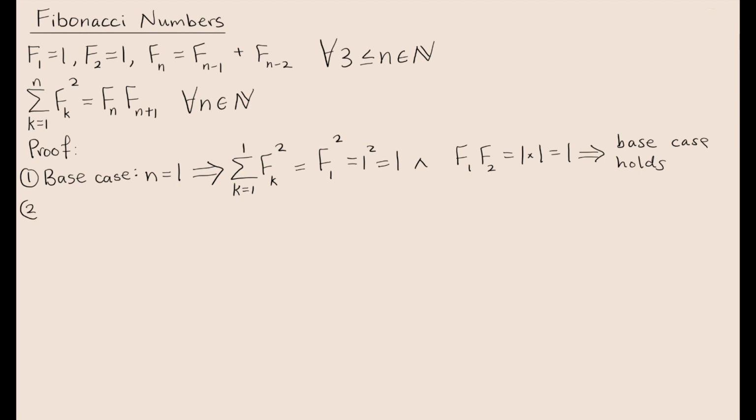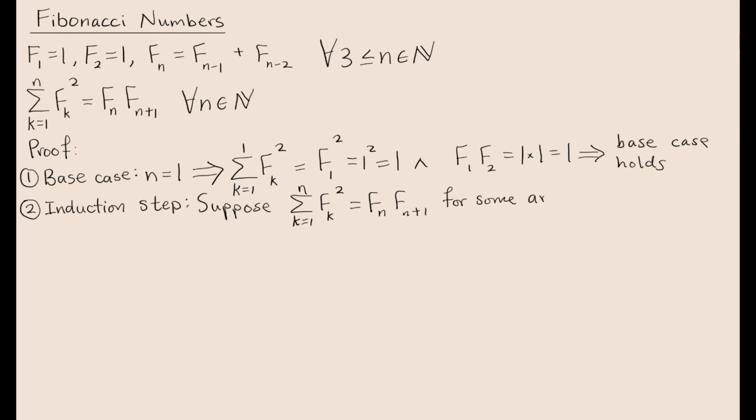So now we have the induction step. Suppose that the sum from k = 1 to n of f_k squared is equal to f_n times f_{n+1} for some arbitrary natural number n.